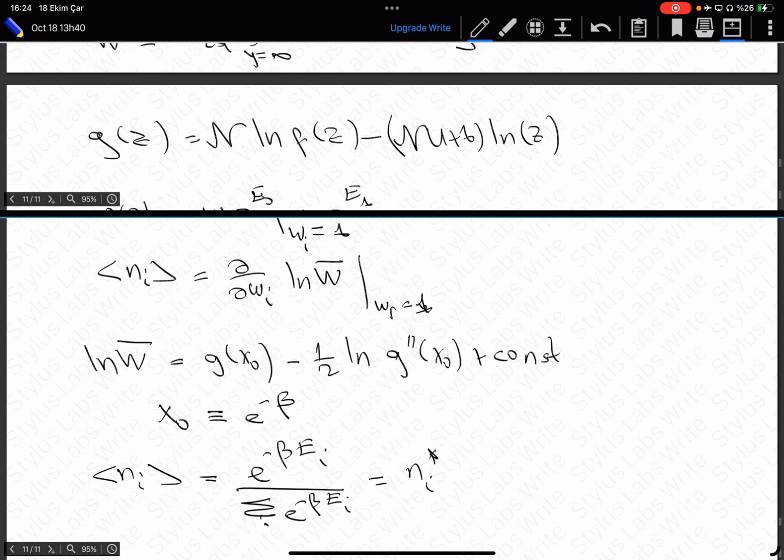Any last questions? Next week, we will start doing some explicit applications of what we had already learned to some physical systems. And we will also look at negative temperatures.